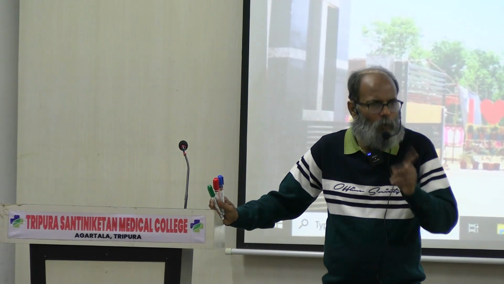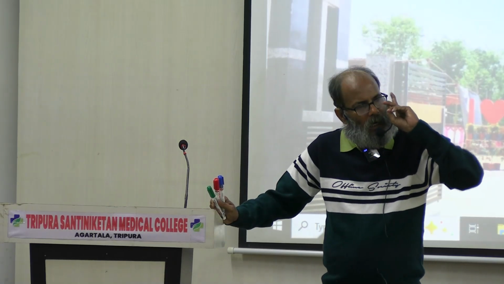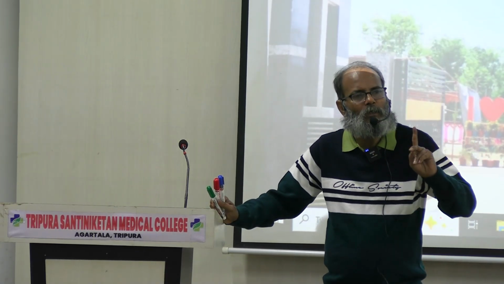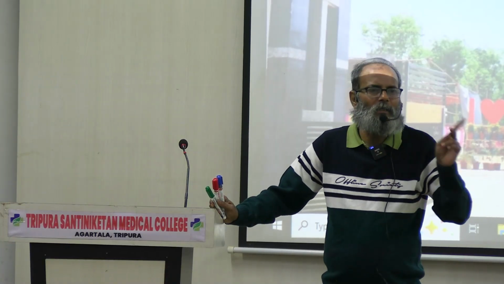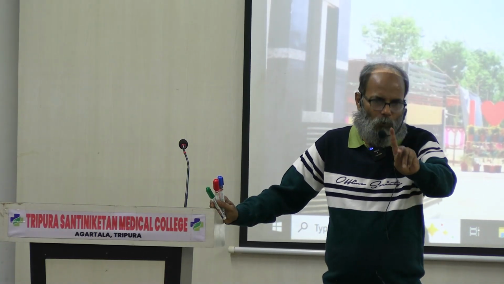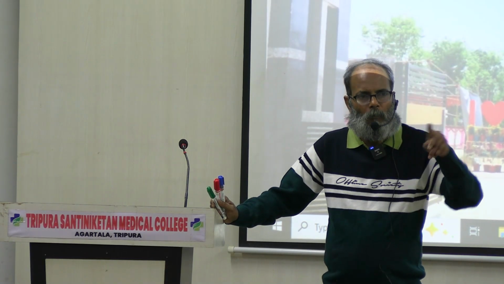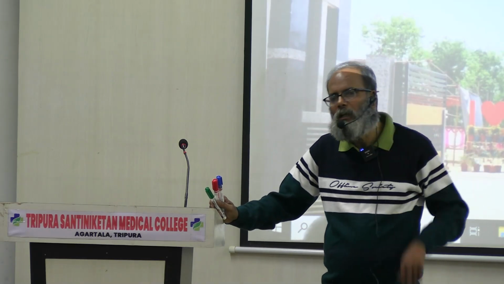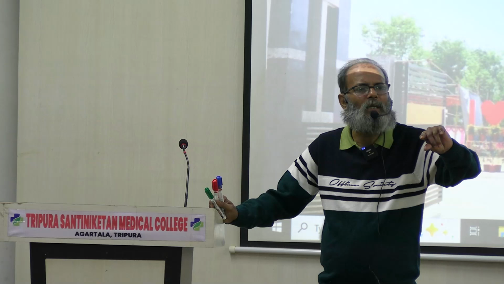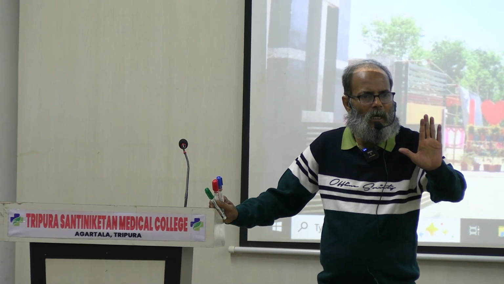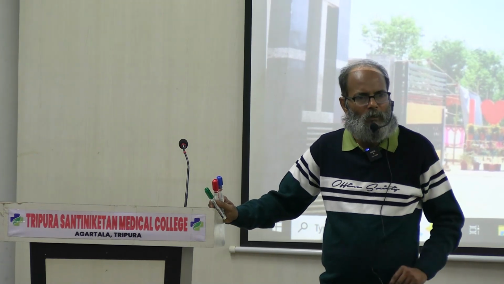This coracobrachialis is analogous with the adductor muscle of the upper limb. Why? Because it is neither inserted in the posterior compartment nor in the anterior compartment, but it pierces the medial intermuscular septum and it has an intermediate insertion in between the anterior aspect and posterior aspect of the humerus.